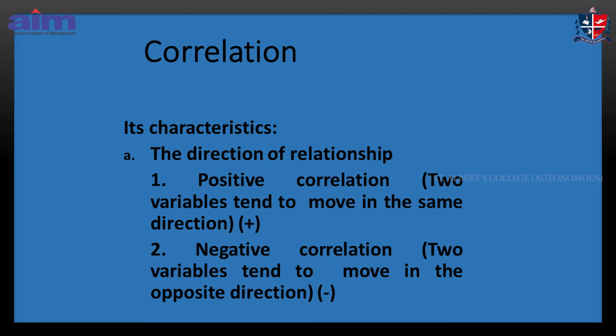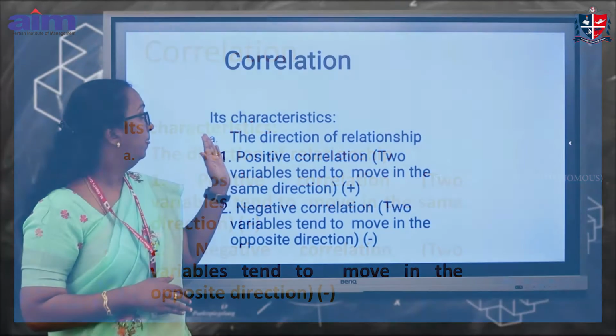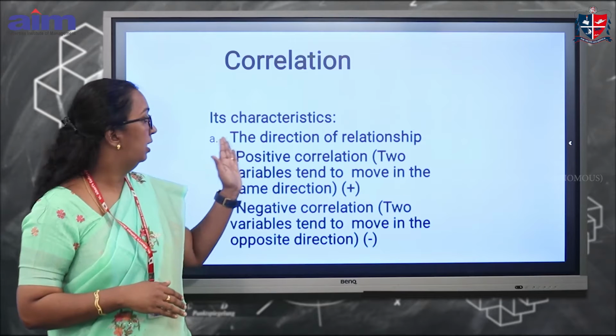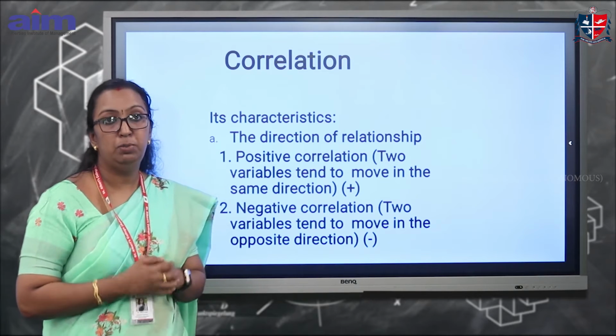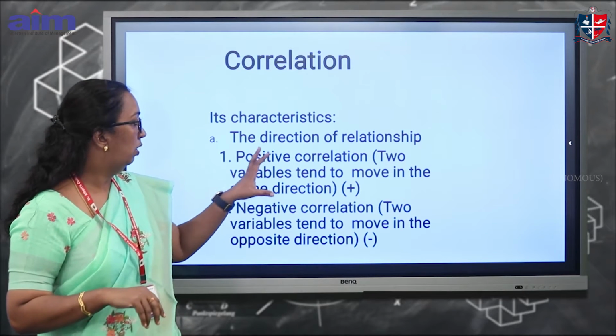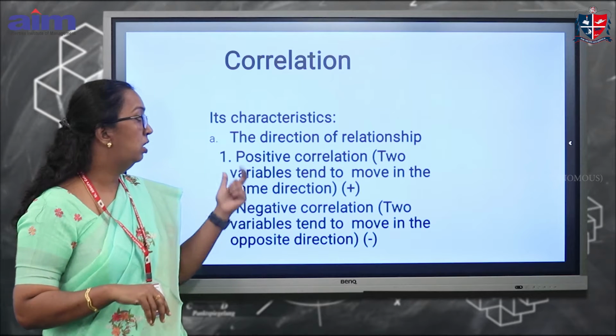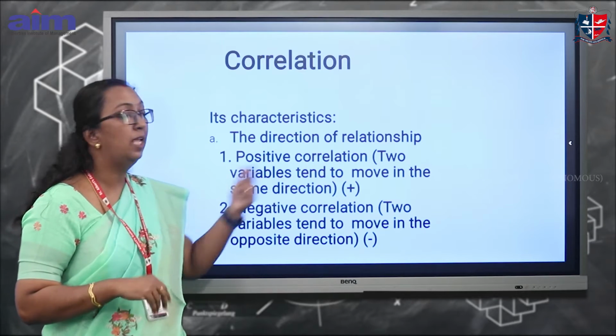So what are the characteristics of this correlation analysis? The foremost characteristic is that you can understand the direction of the relationship between the two variables. Positive correlation means the two variables tend to move in the same direction.